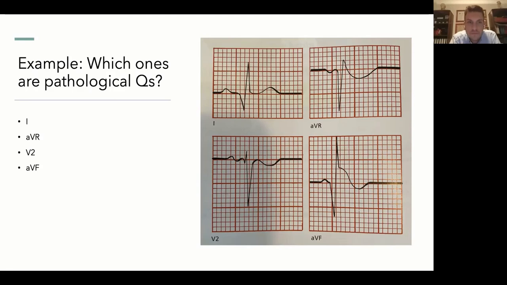There's a 50% chance you'll get it right, so no biggie. It's 1. Yes, it is 1. And can you tell me why it isn't V2? Because in V2 it's not passing the borderline, which is 25%, and it's not more than 0.04 seconds.